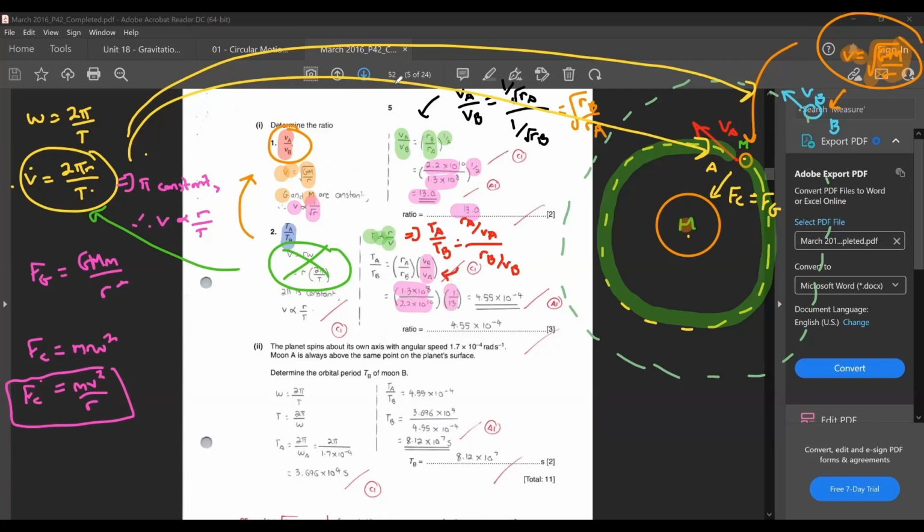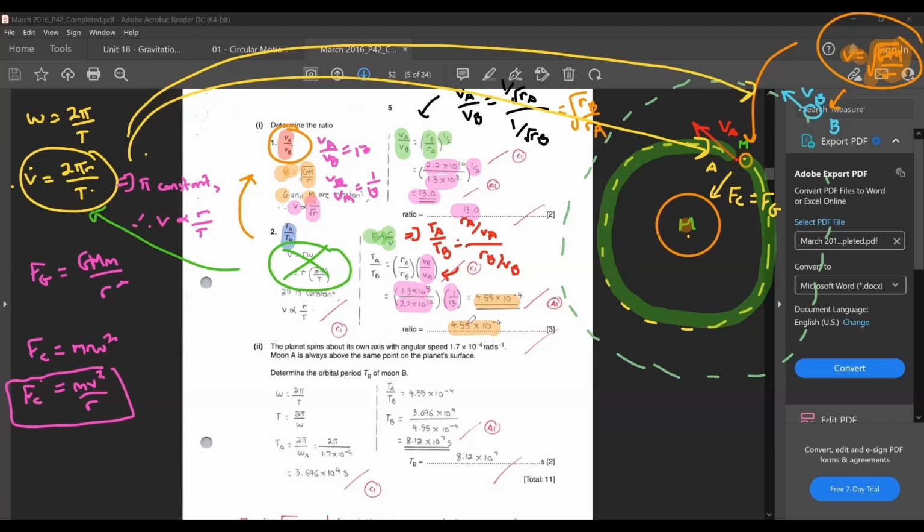So be careful about the ratio. VA to VB is 13, but VB to VA is 1 over 13. Okay, the ratios are in a different order. So your final answer, you will get 4.55 times 10 power minus 4. There's no units, all right, because the units cancel off.